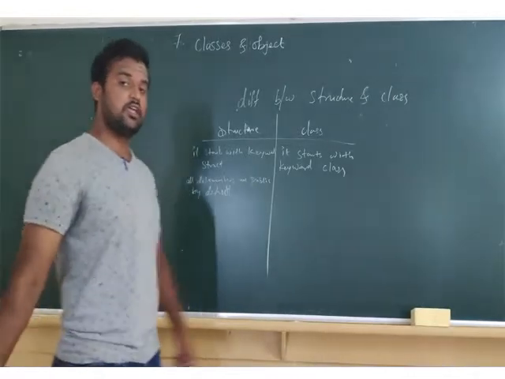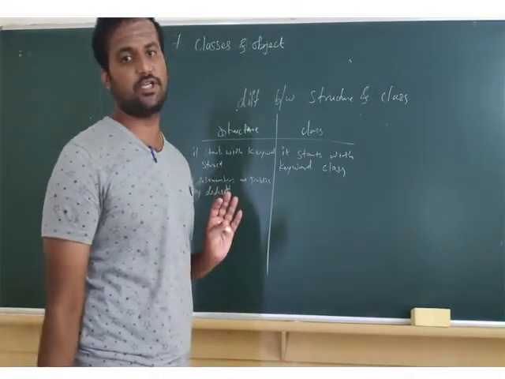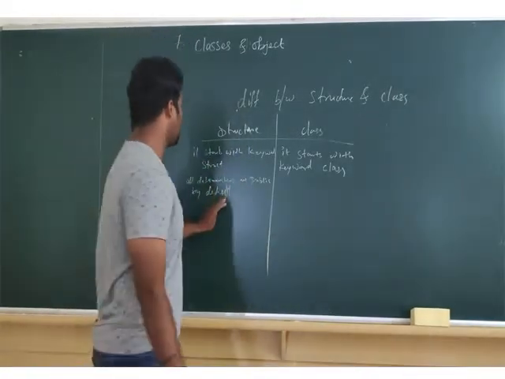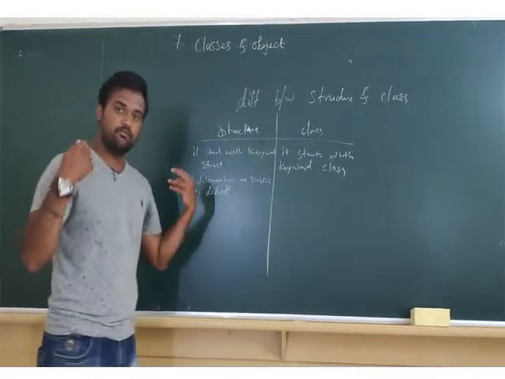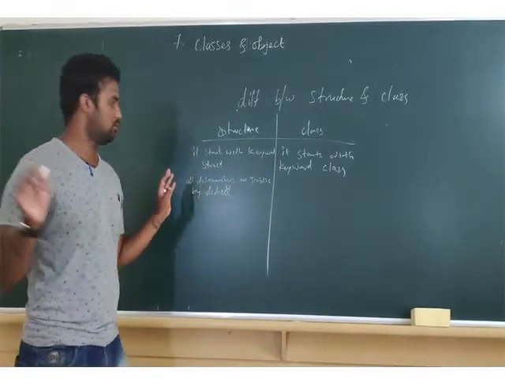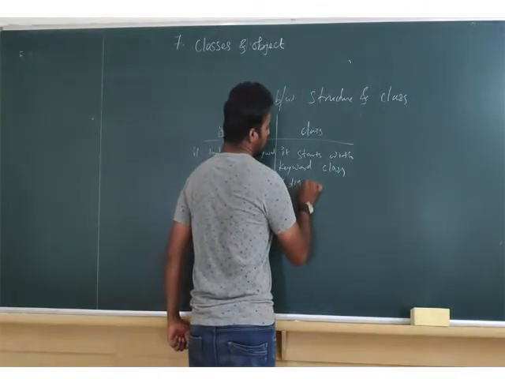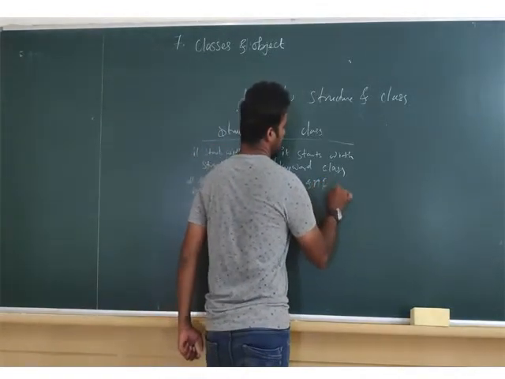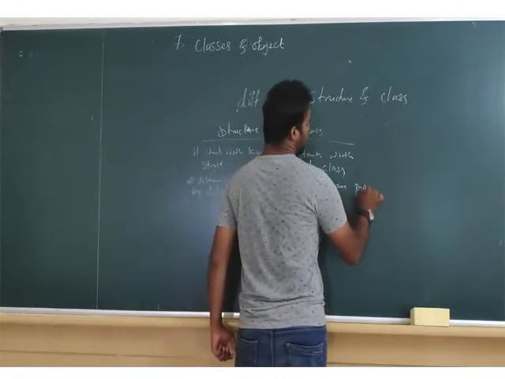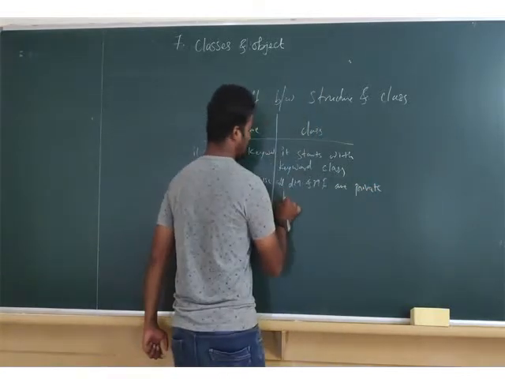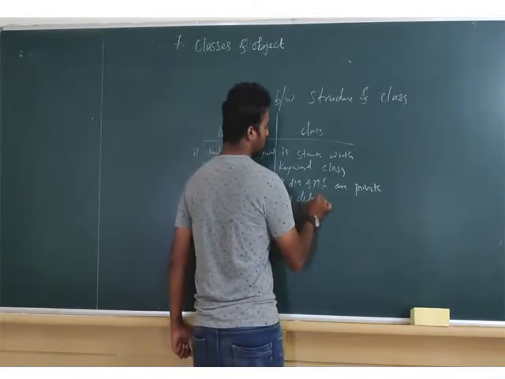Public means anyone can access your information. Here by default, default means from the beginning. Here all data members and member functions are private by default.